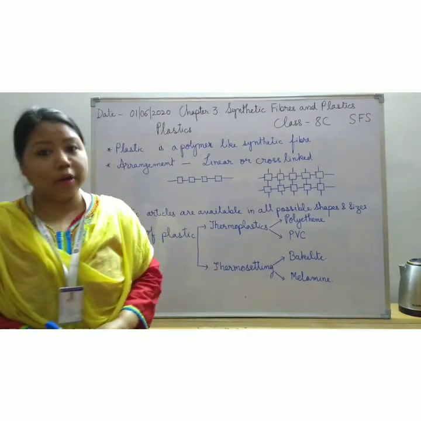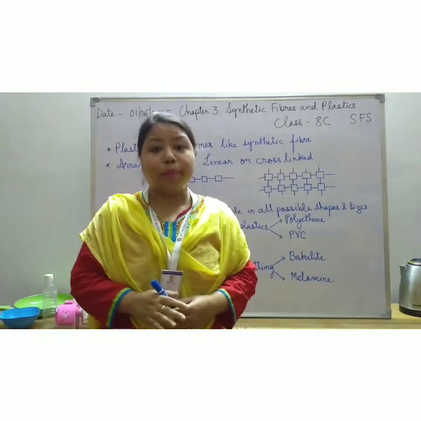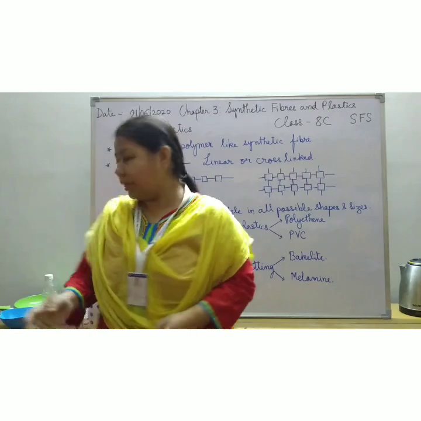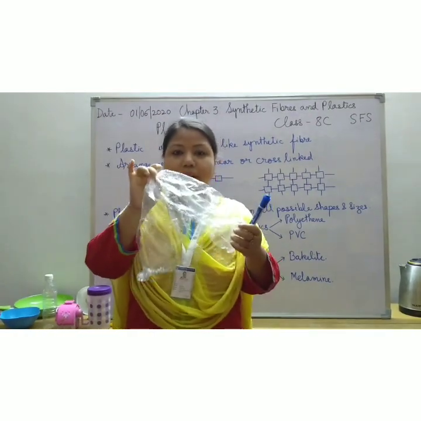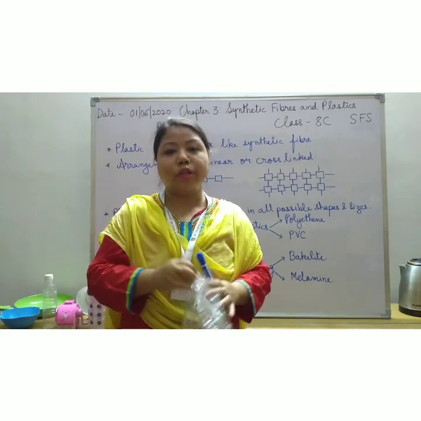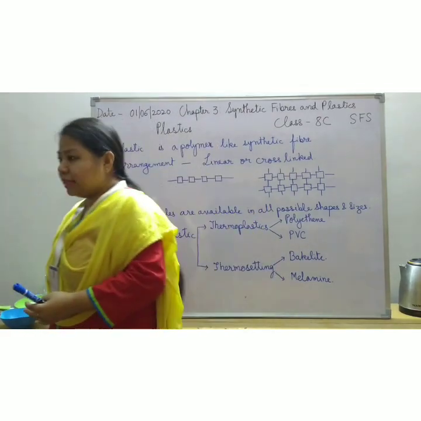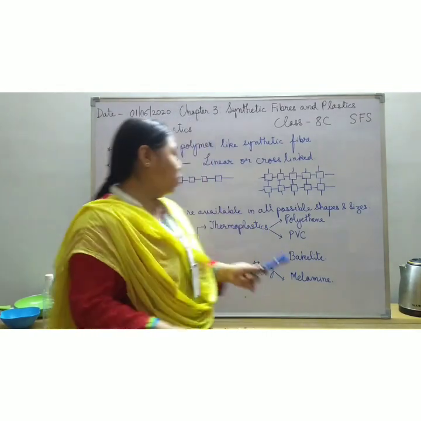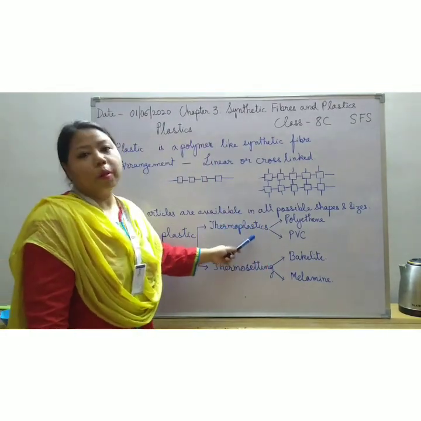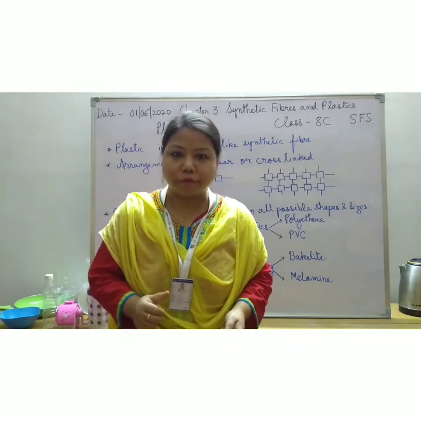Yes, you might have heard about polythene and PVC pipes. Yes, the polythene bags in which we carry different items, fine. So those types of plastics are what? They are thermoplastic because they are soft.